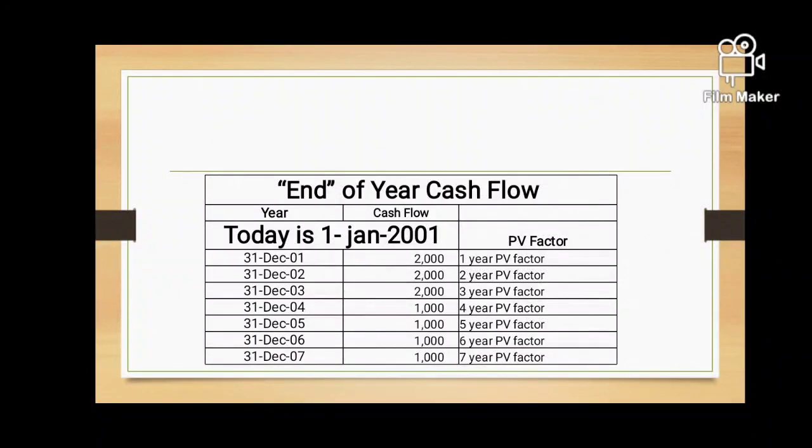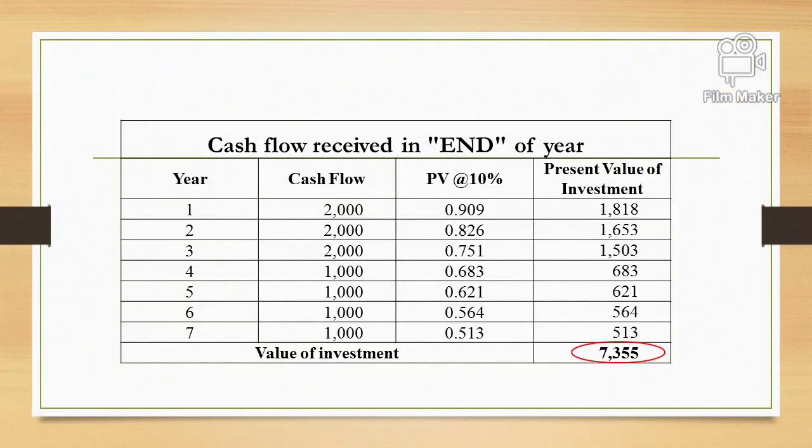third cash flow with third year factor, and so on. So in the next slide, we will be multiplying with the present value factor, and we will find out if company is going to pay at the end of the year, what would be the amount of this investment. On this slide, for cash flow received at the end of the year, the first column is year, the second column is cash flow, and the third column is present value factor.